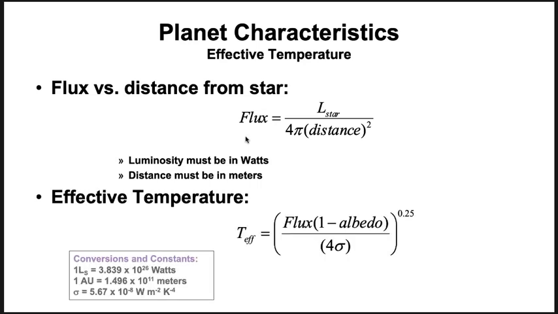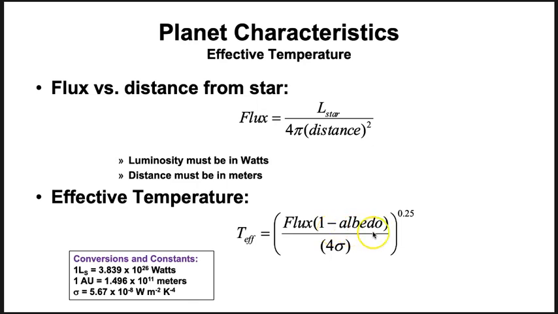And then the temperature that the planet warms up to is this relationship, right? The effective temperature is how much the flux warms up the planet, how warm the planet is heated by that flux. So the effective temperature depends on the flux, but then you're multiplying by 1 minus albedo.